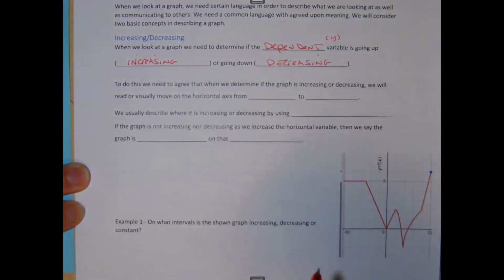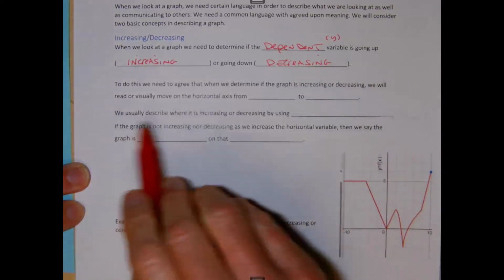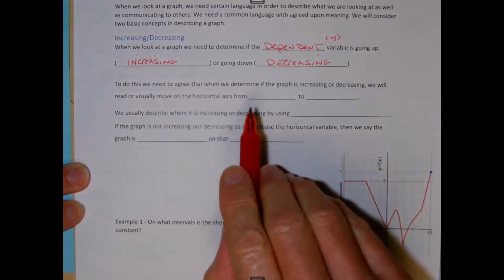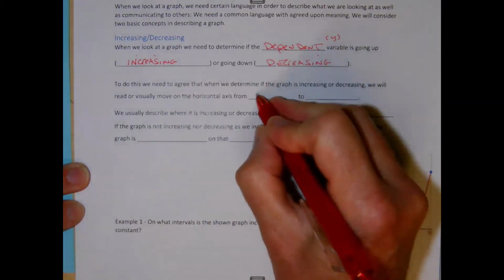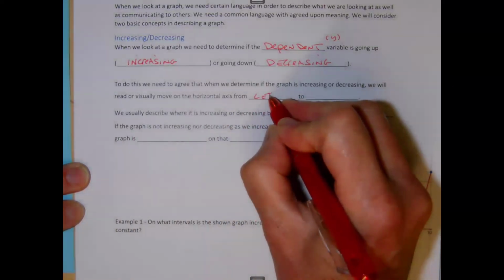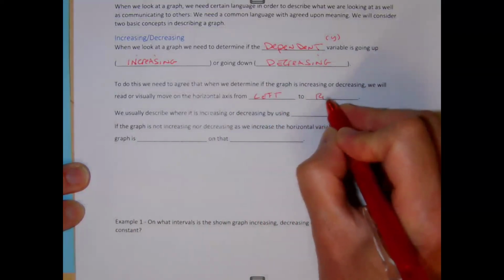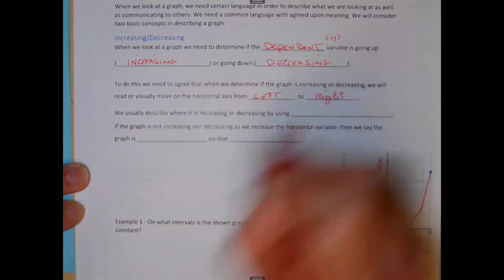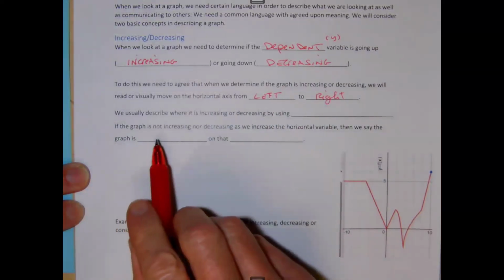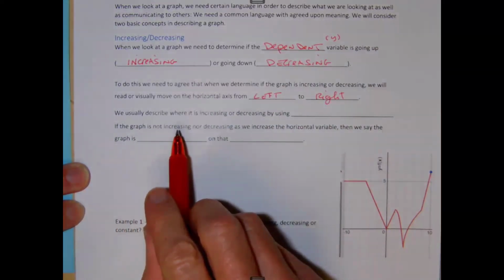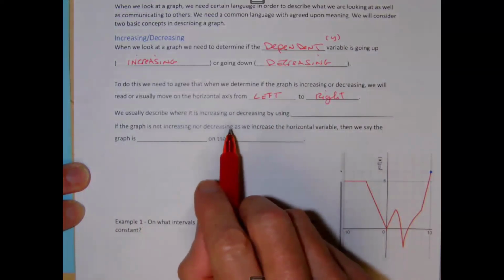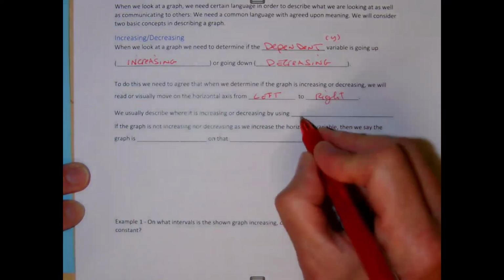And to do this, we need to agree that when we determine if the graph is increasing or decreasing, we will read or visually move on the horizontal axis from left to right. Okay. And we usually describe when it is increasing or decreasing by using an interval notation.